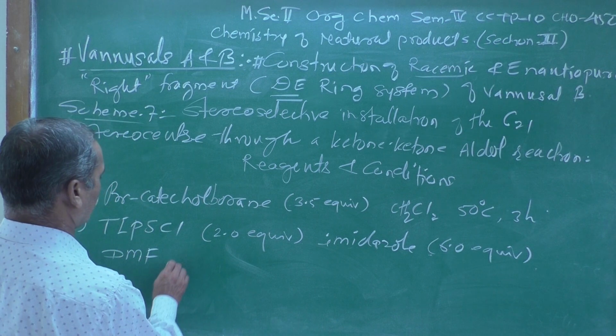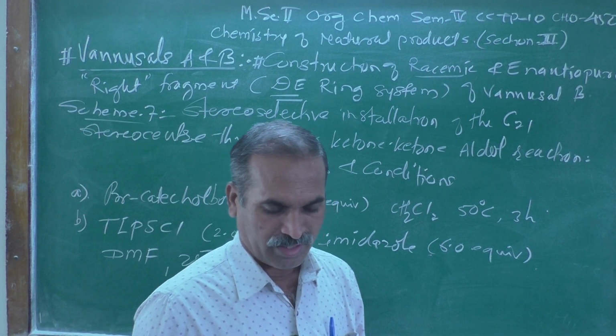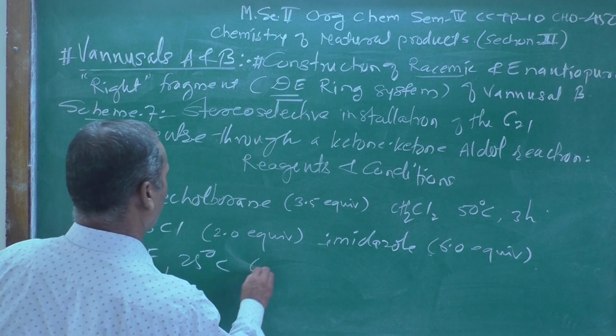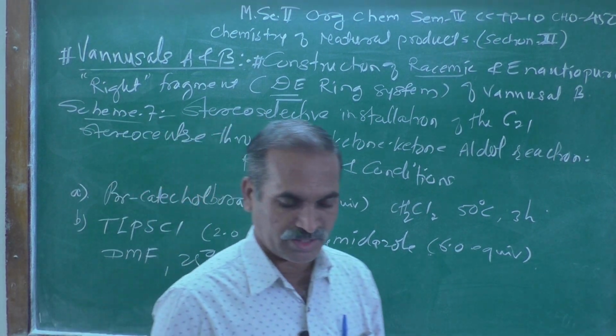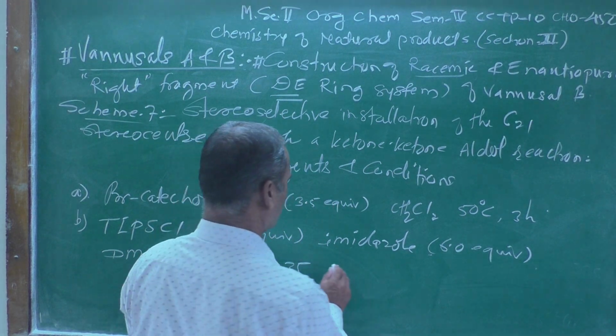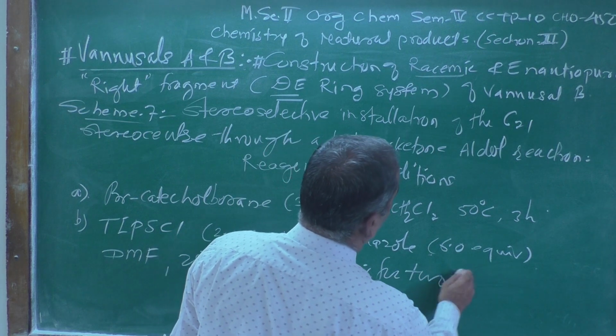Then the temperature is room temperature, 25 degrees centigrade, and this compound was obtained as plus minus 35, the racemic mixture, and the yield obtained is 70% for 2 steps.